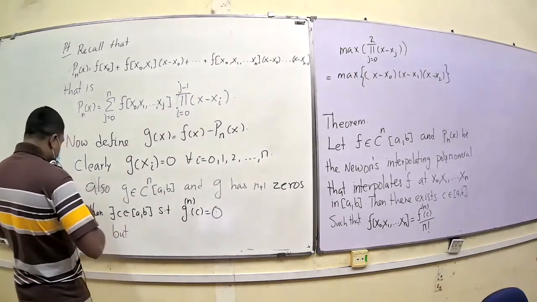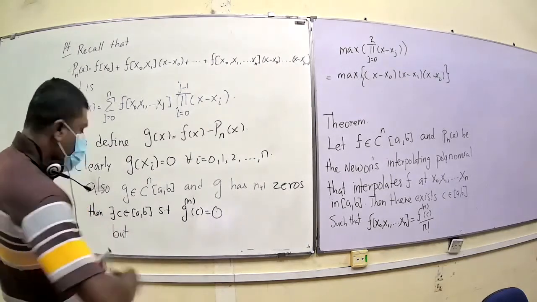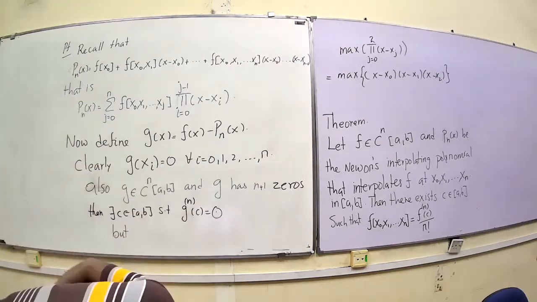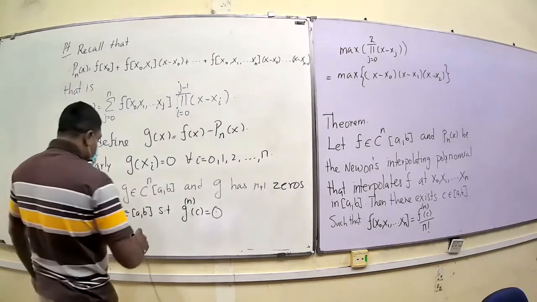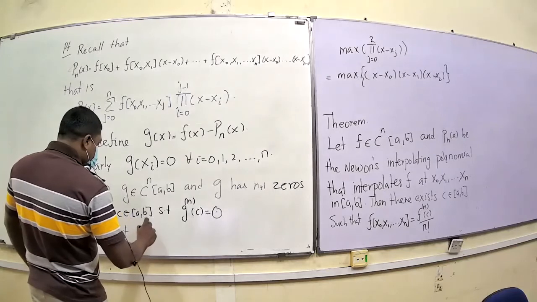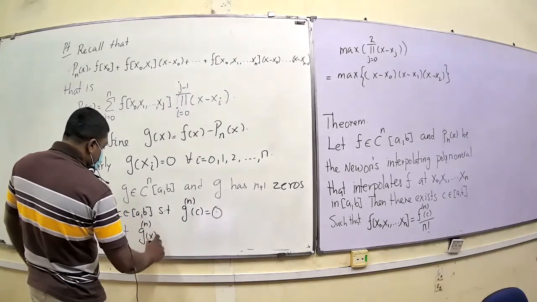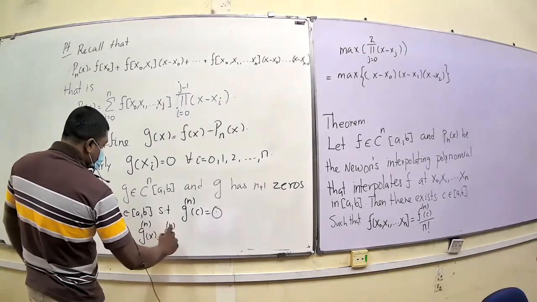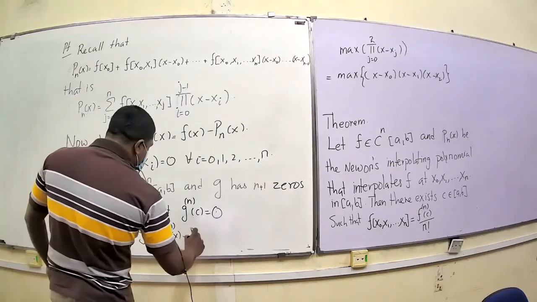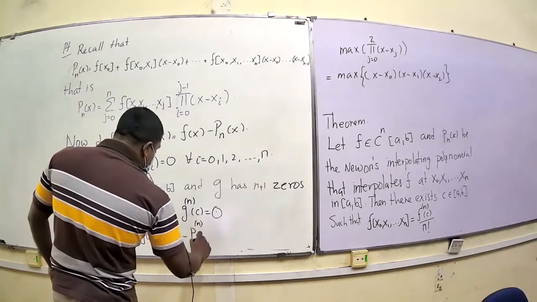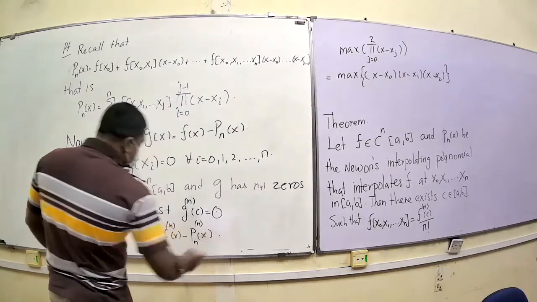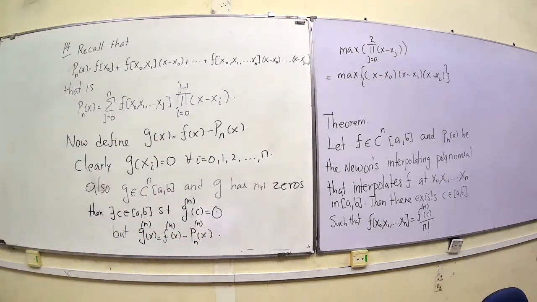But you also know that g nth derivative of x is equal to the nth derivative of f minus the nth derivative of Pn.